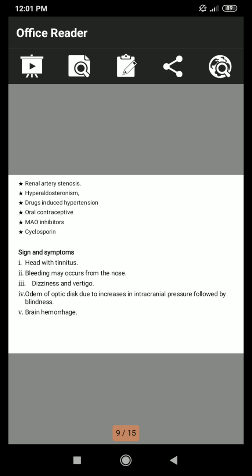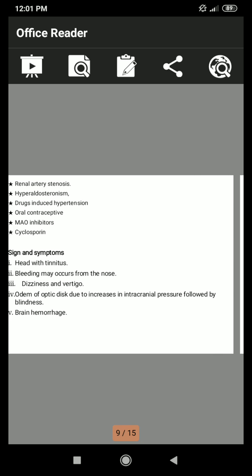And last one is brain hemorrhage. These are the signs and symptoms of acquired heart disease.